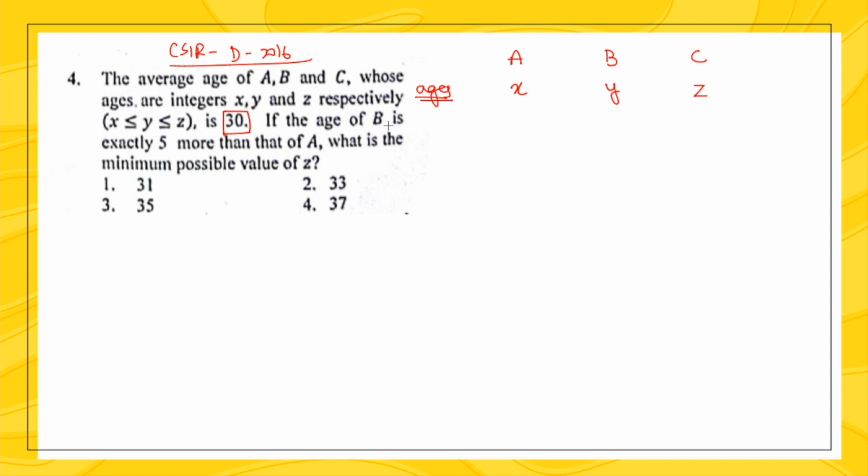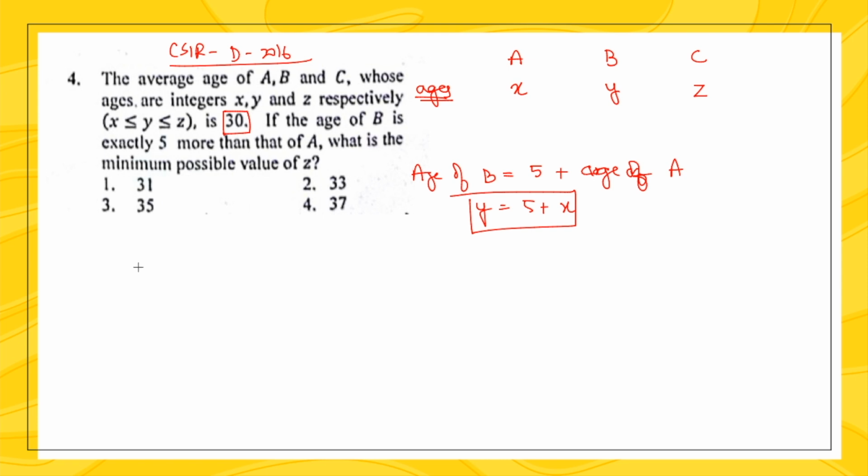Then it says if the age of B is exactly 5 more than that of A, so that means the age of B is 5 more than age of A. What does that mean? Age of B is y and this is 5 plus age of A, which is x. So y is equal to 5 plus x. That's what we are given.